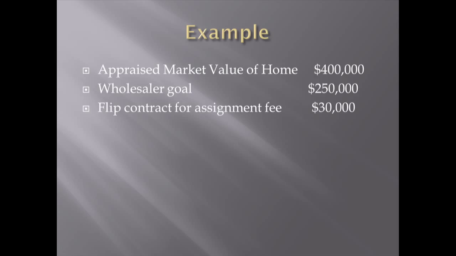The before tax profit on that deal for the wholesaler was $30,000, and that'll add on to the cost base for the investor. So the investor has a total price of $280,000 for the acquisition.